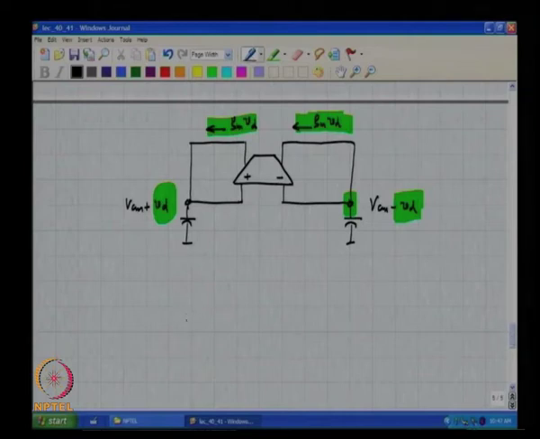A CMOS inverter, that is right. So let us say this is VCM plus VD and this is VCM minus VD, alright.